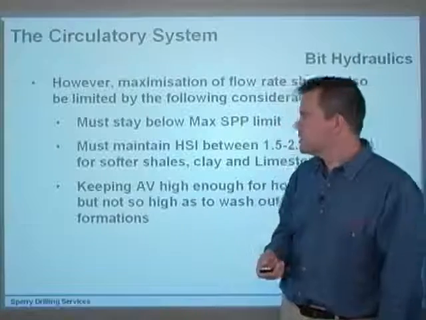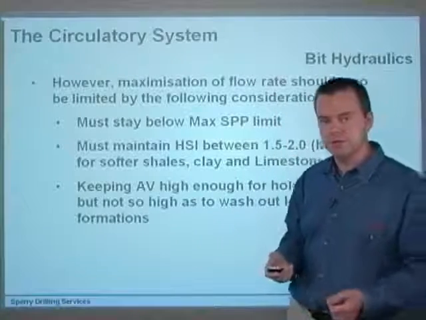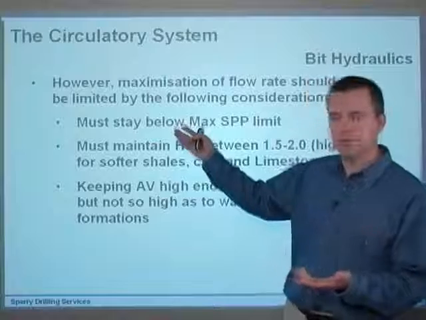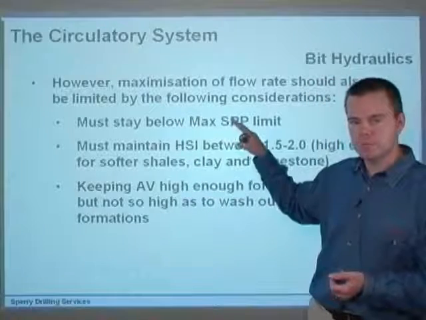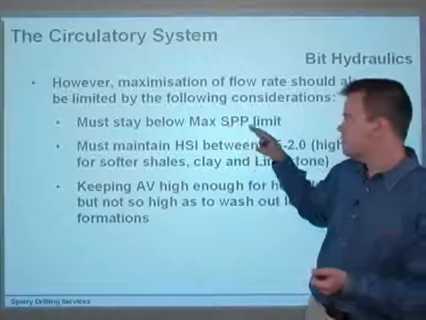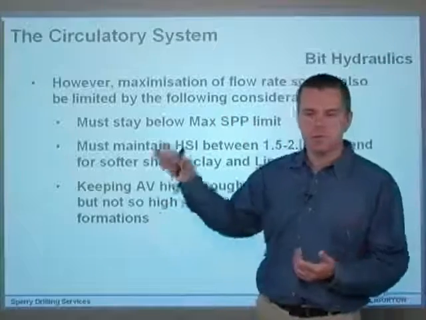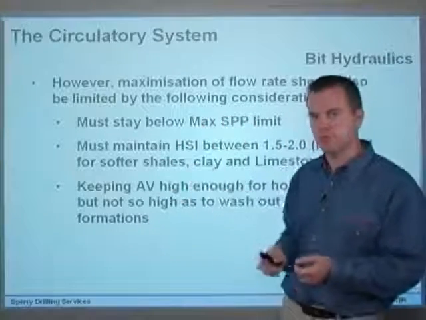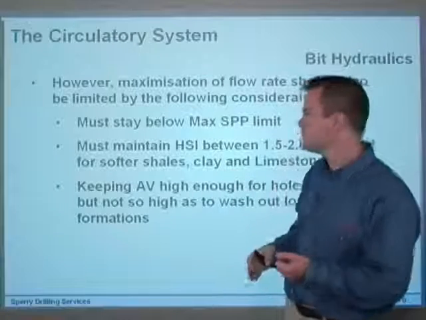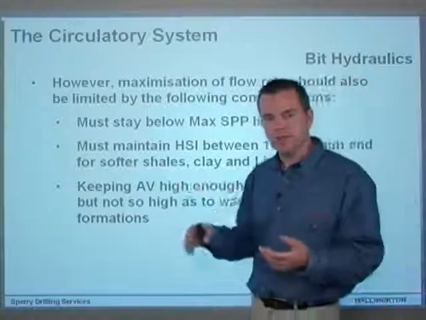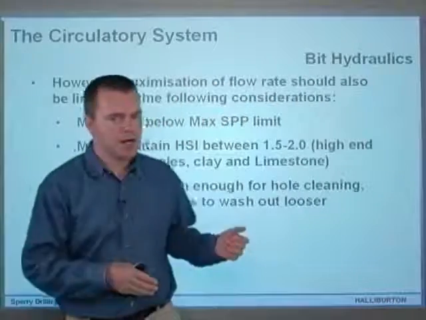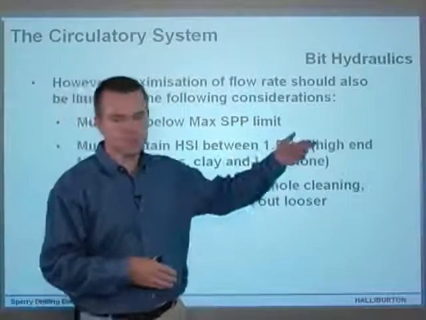However, maximization of that flow rate should also be limited by the following considerations. The same considerations we've been talking about all the way through this. You've got to stay below your maximum standpipe pressure limit, which is probably 80%, as I said before, of the manufacturer's pump pressure limit. And you have to maintain a hydraulic horsepower per square inch, an HSI, of between 1.5 to 2.